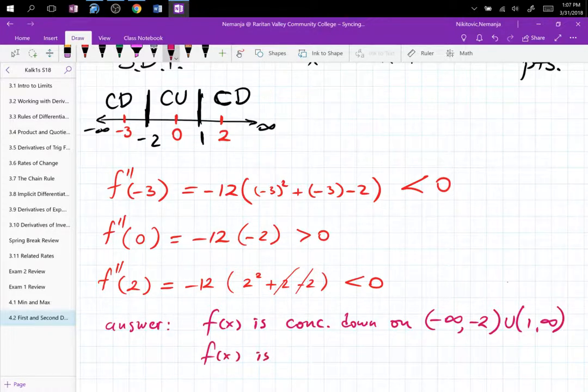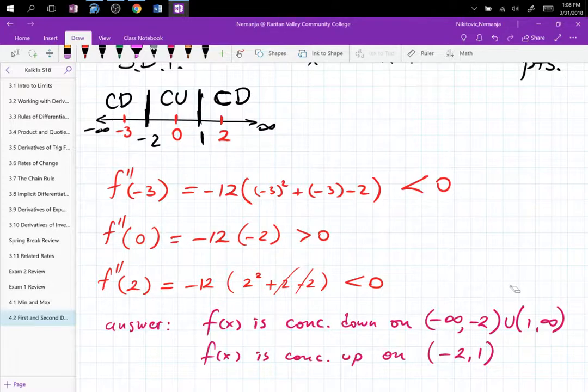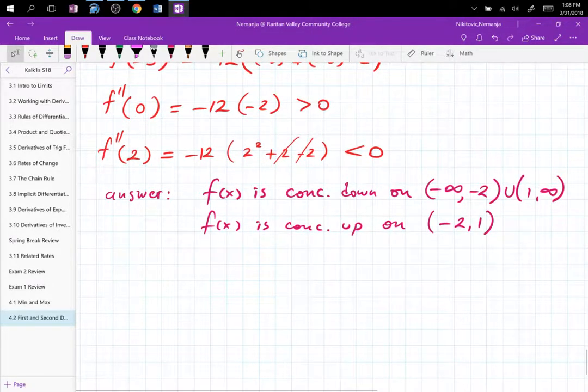F of x is concave up on -2 to 1. The question asked for intervals of concave up, concave down, concavity intervals. So this is the answer to the question. Everything up there is work, partial credit, and all that kind of stuff. That's the answer. One more problem, and we're done for the day.